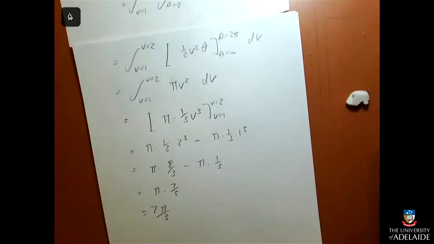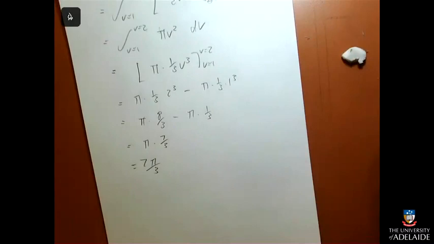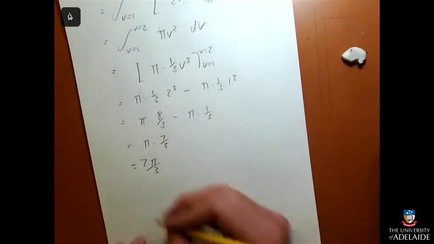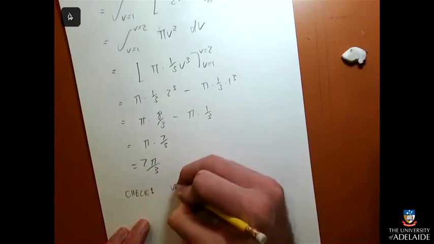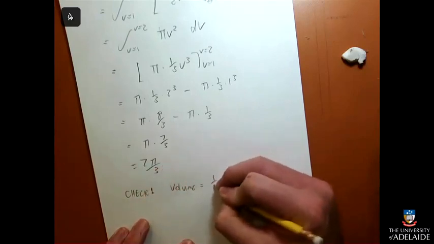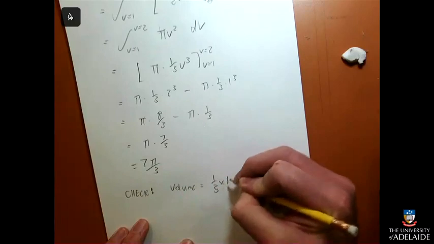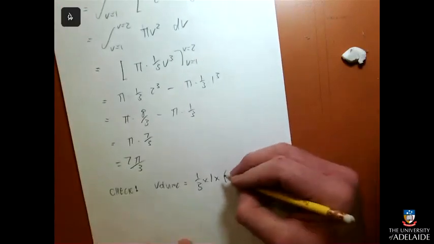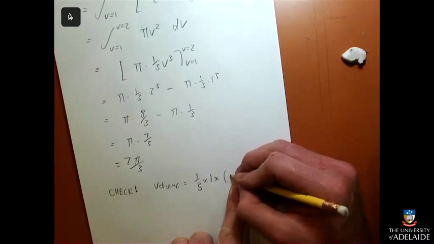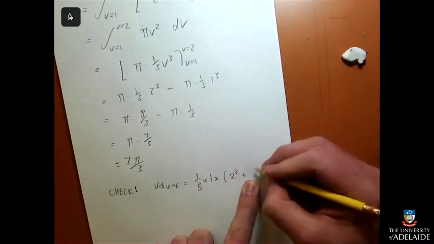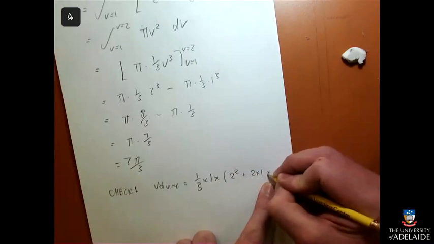I could check that. I know the formula for the volume of a frustrated cone, so I'm just going to check. So it should be 1/3 times the height, which was 1, times the bottom radius was 2, and then the bottom radius times the top radius.